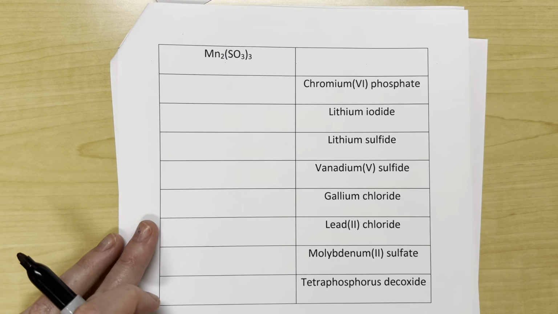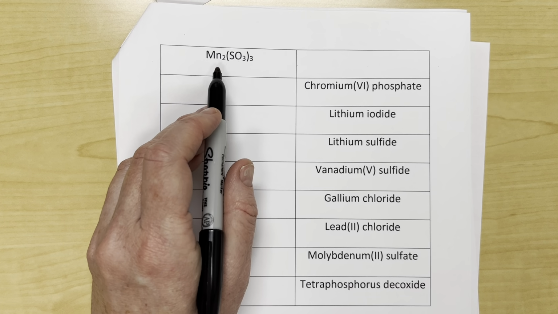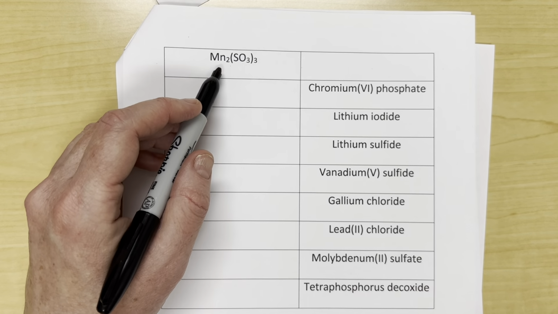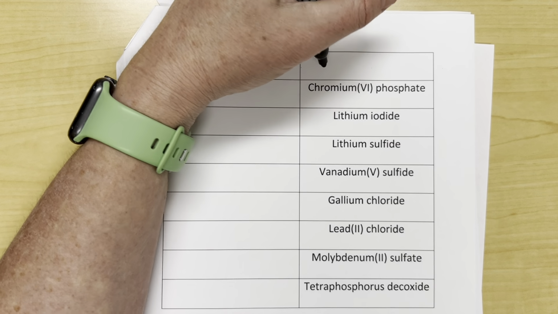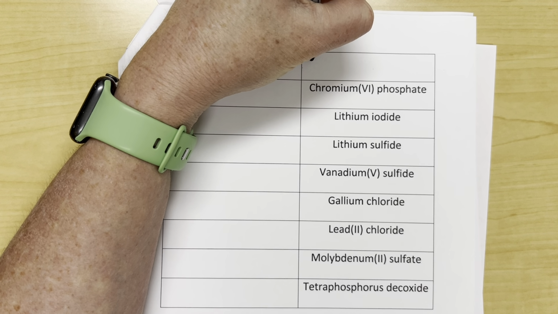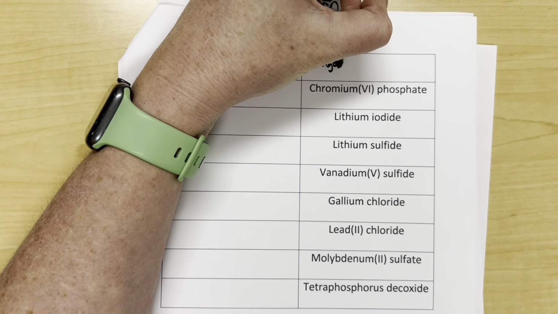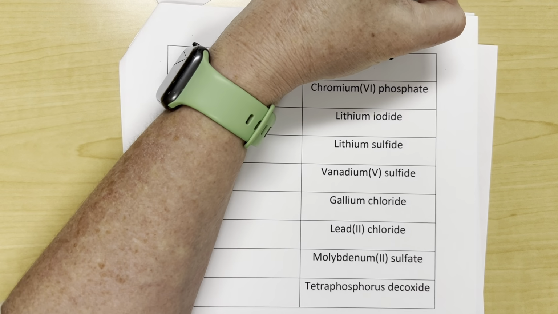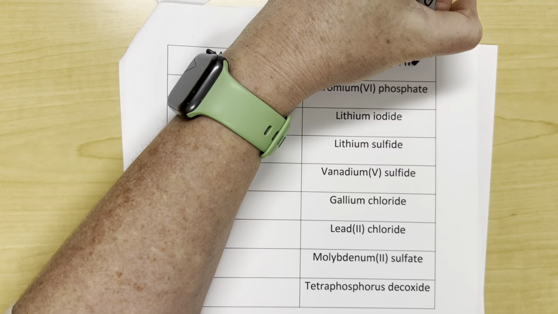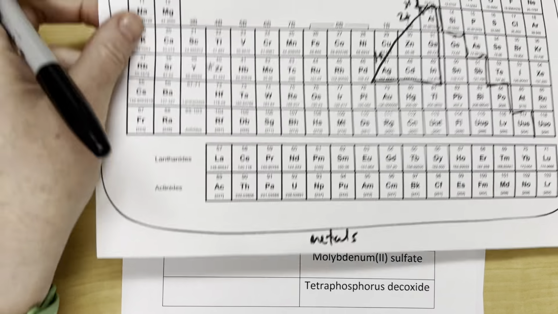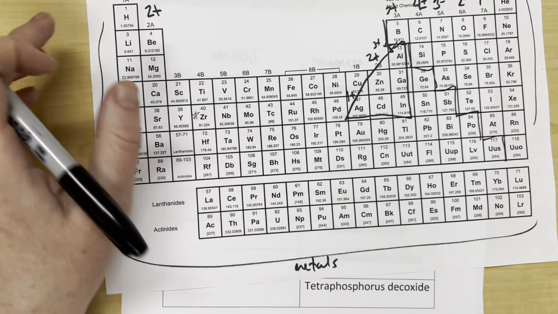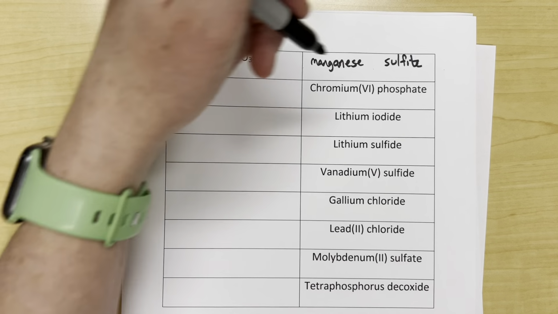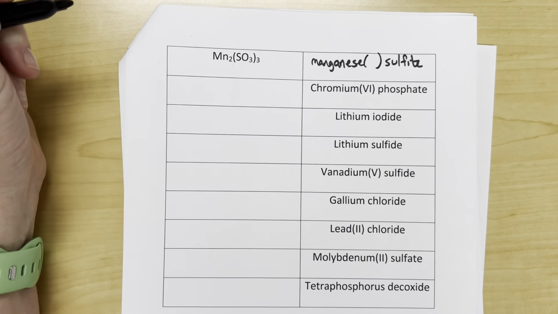All right. Now Mn is not manganese, it's not magnesium, it's manganese. Okay, so this is going to be some kind of manganese. And then SO3 is sulfite. Manganese is here. It's outside the first and second column and the triangle, so we need to know its charge.